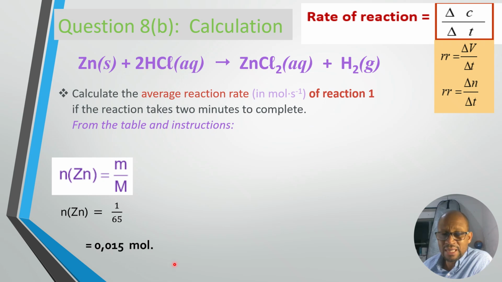Now remember, they've given us 1 gram of zinc, so we can't just take the 1 gram and substitute it in the final equation. We first have to convert that to moles.